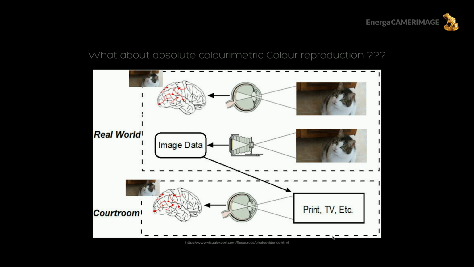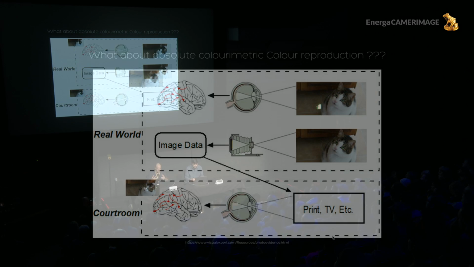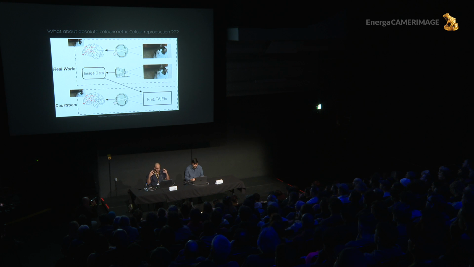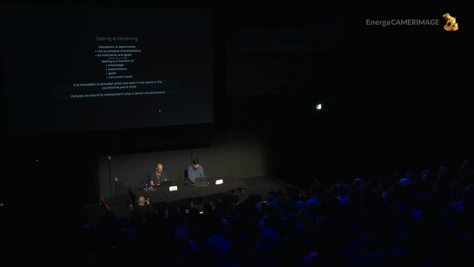You cannot, with a picture of a scene, create the same perception in the jury's mind and recreate what someone within the scene actually perceived. This is very crucial, and it's proof that this is not something we came up with; it's highly debated in other fields as well.